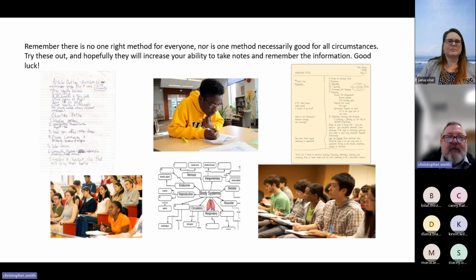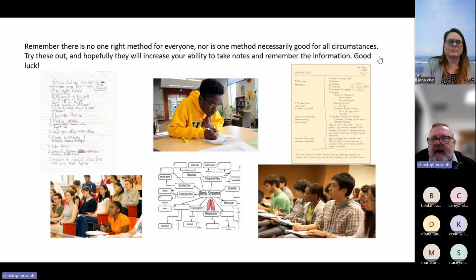But remember, with all these note-taking methods, there isn't one method that's good for all circumstances. So play with them a little bit. Try different ones in different classes. Try the outline method one day in a class.